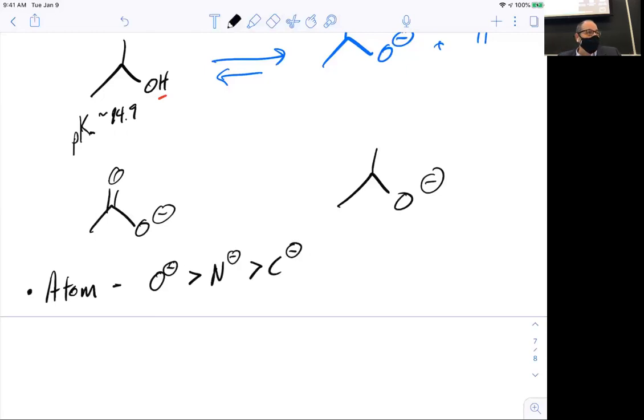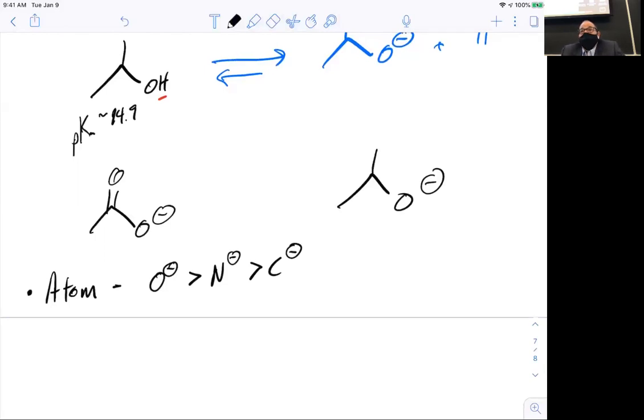Just as an example, an oxygen negative is going to be more stable than a nitrogen negative, more stable than a carbon negative. Why? Electronegativity of the atoms, right? How well it does with those excess electrons. So the first thing we can do is compare our atoms. In this case, both atoms are the same, so we're pretty good there.